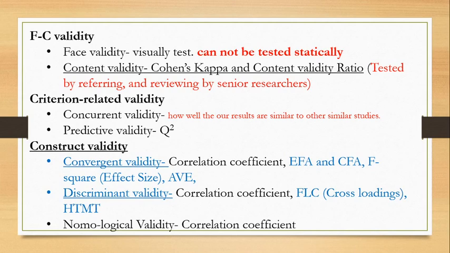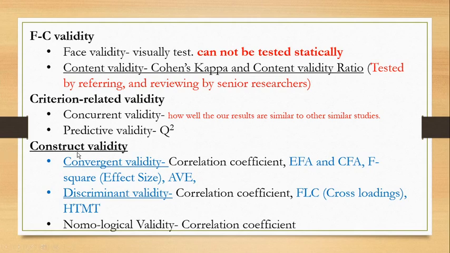So first they go for the statistical test and then they try to compare with the results of similar kind of studies. So it is a combination of the statistical technique as well as the theoretical concept. Then we have the predictive validity, which is denoted by Q square. This type of predictive validity is very easily calculated using the SmartPLS software.